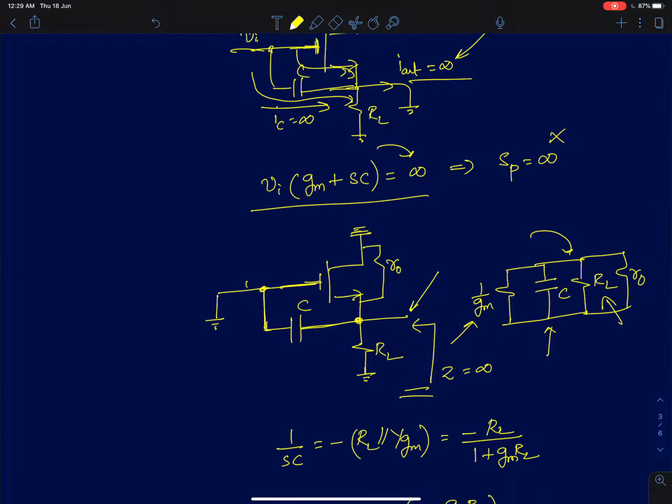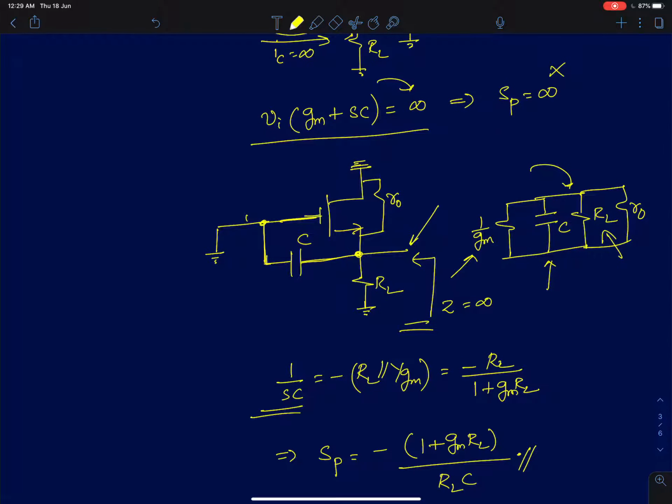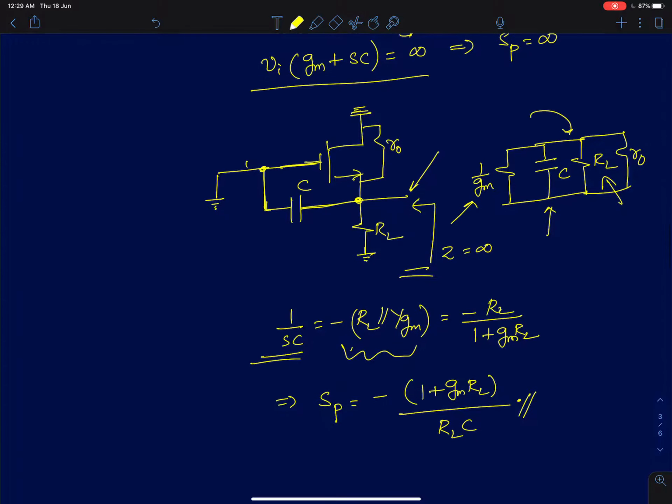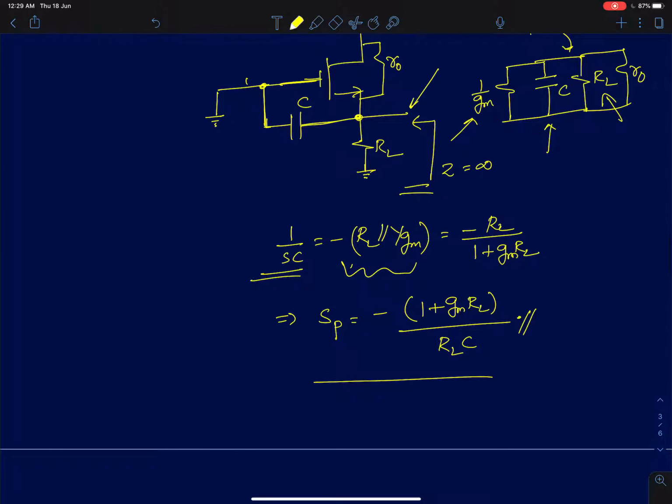Using that, I can simply say that if the capacitive impedance 1 by SC is equal to minus the resistive impedance, minus RL parallel 1 by Gm, we are going to get the location of the pole. That's where the impedance is going to blow up to infinity. That happens to be at minus (1 plus Gm RL) by RL into C. We can simply leave it in this term: minus 1 by C into (RL parallel 1 by Gm). If there is R0, you will also get R0 in parallel with this.